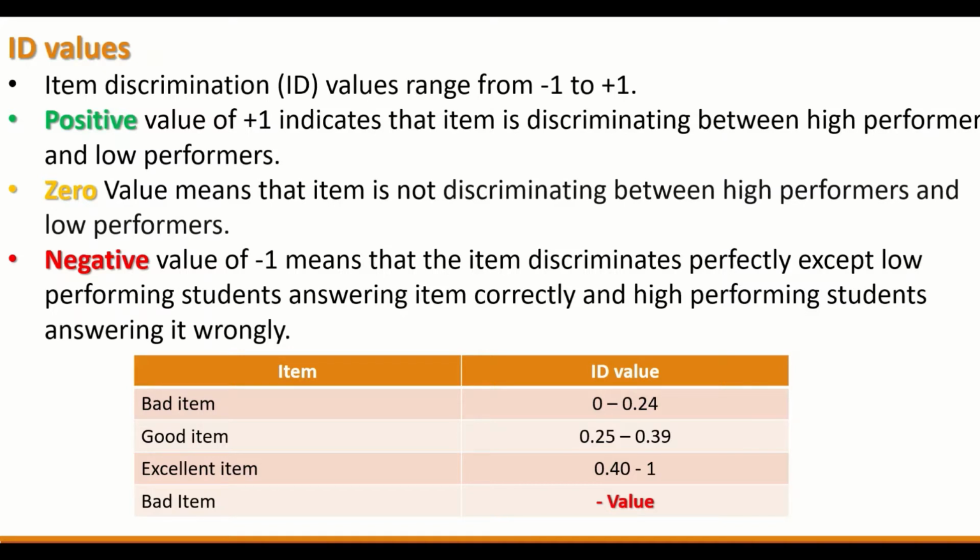As shown here in the table, the range for the ID value is listed, and the items are classified as either a bad item when the ID value is from 0 to 0.24, based on Kelley's formula, a good item when the value is between 0.25 and 0.39, or an excellent item when the value is between 0.4 and 1.